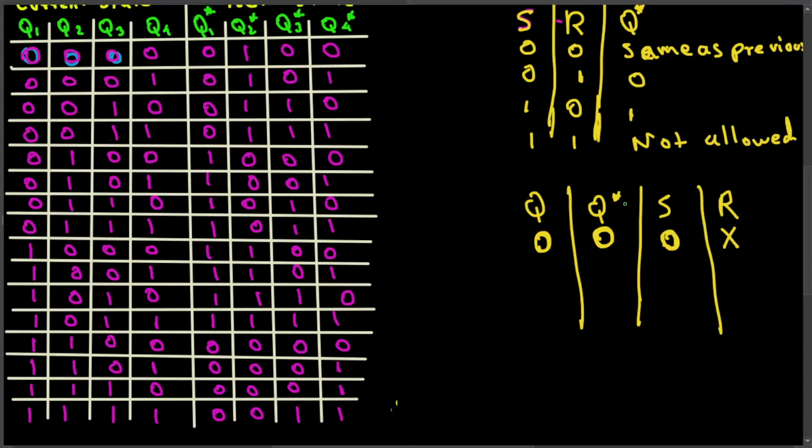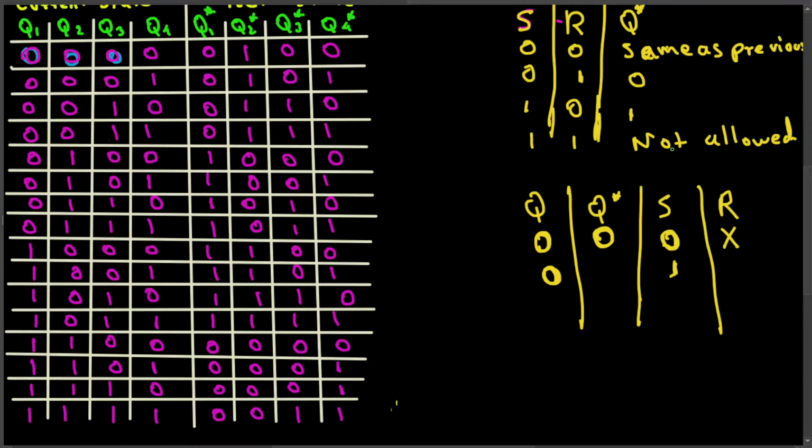Okay, now let's look at the case where we get 1 for S, and let's say Q is 0. If the Q is 0, the first one is gone because the previous is not the same. And if R is 0, what's going to happen?